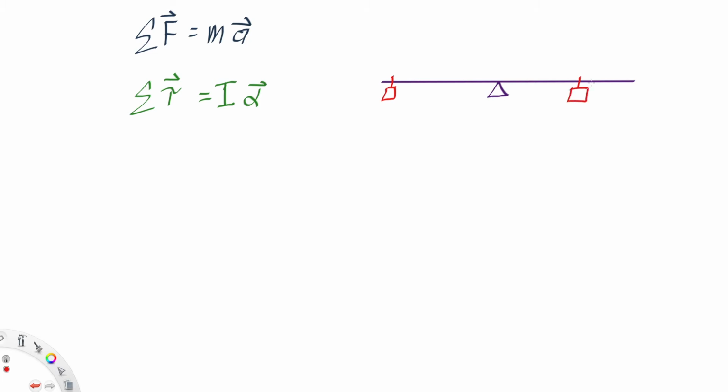So in one version of the lab, you have a single weight that you know. You have another weight that is unknown. And you are supposed to use this setup to weigh your unknown mass.